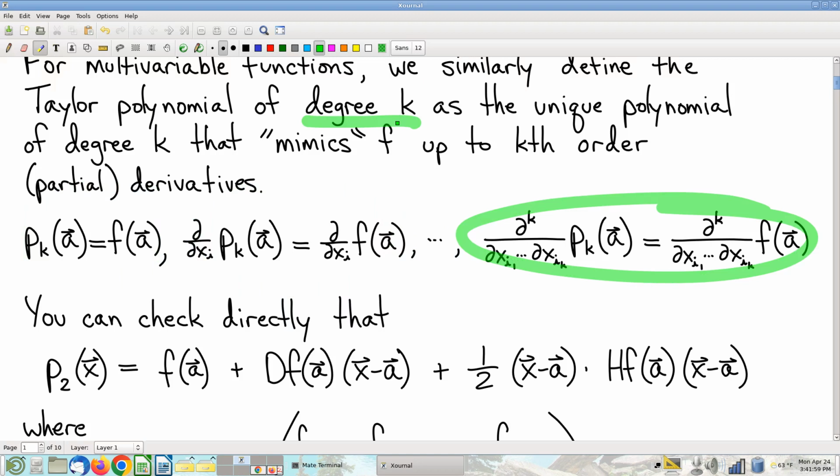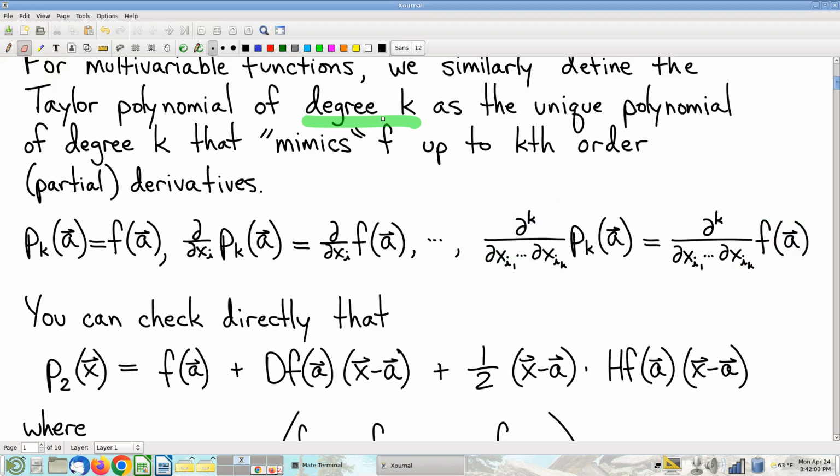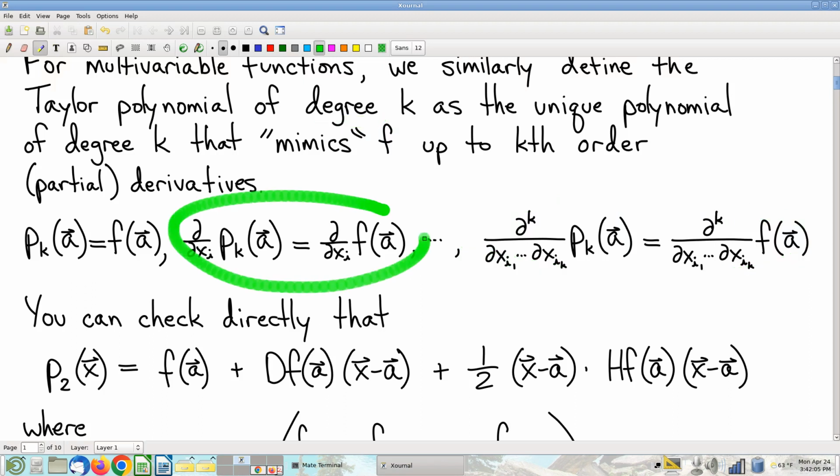Now, there are more derivatives here to be mimicked, right? Because, for example, there's only a single first-order derivative in single variable calculus. There's several first-order partial derivatives to be mimicked. So it's more constraints, but nevertheless, it's really an equivalent set of requirements.